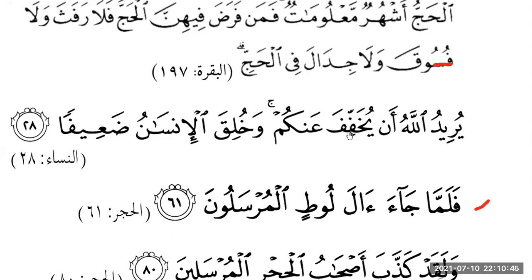Khaffifa means lighten. Yukhaffifa, he lightens. Ankum: an means about, kum, you. An can also mean from. Right, so now we go to the grammar.